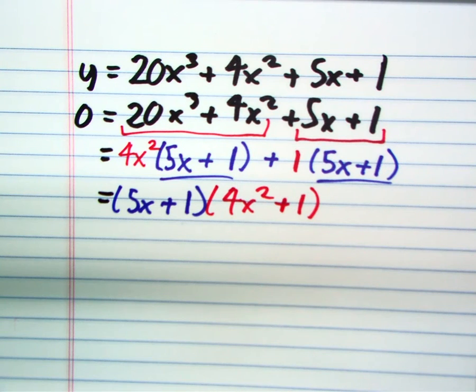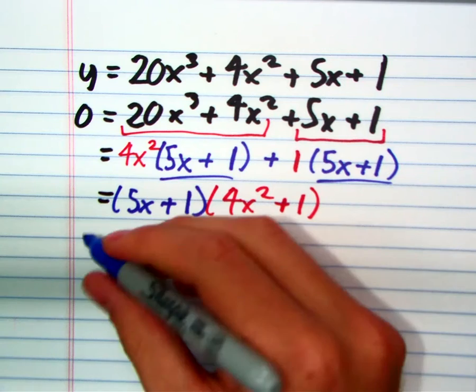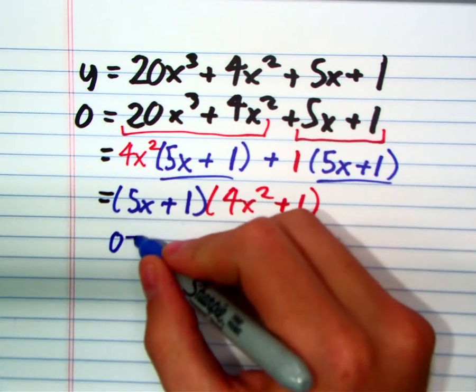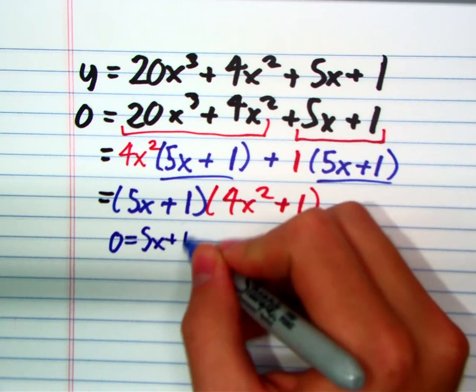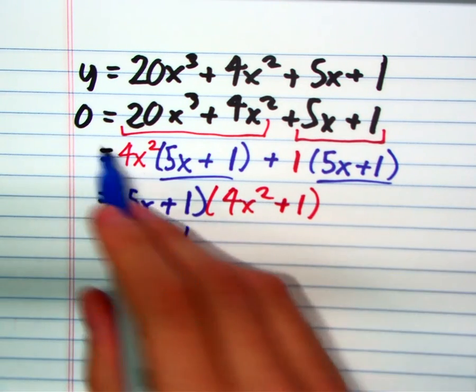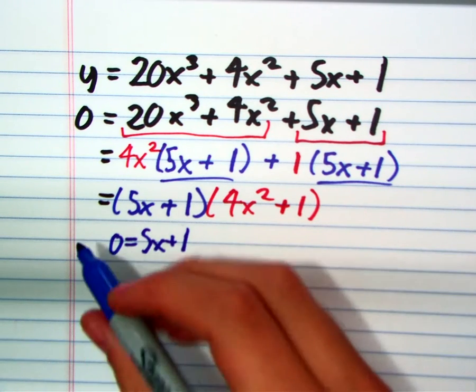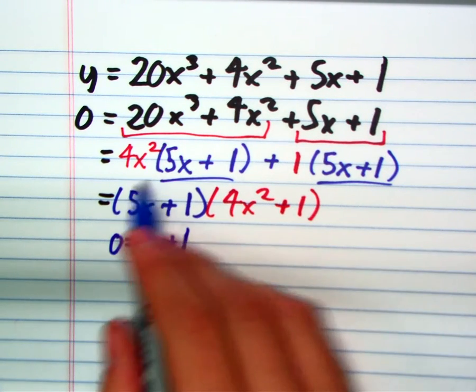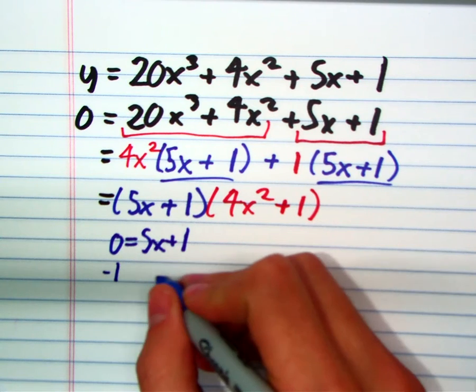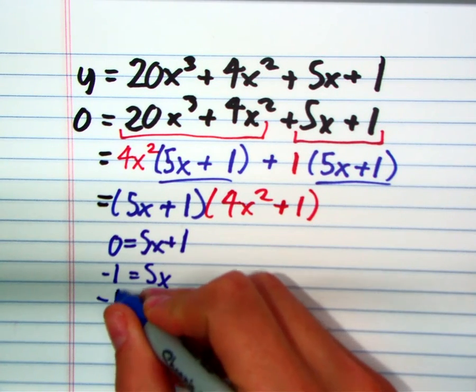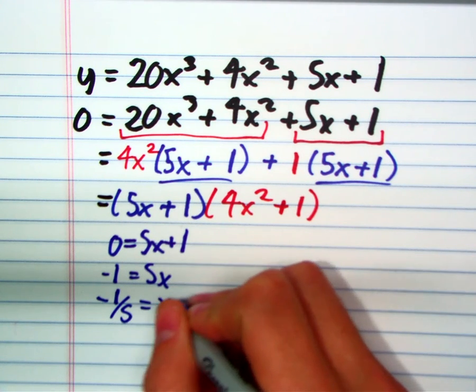I can't factor anymore. I have to stop here. So let's try to find the zeros now. If 5x plus 1 equaled 0, then y would equal 0 because I'd have 0 times something else. What x would give me that this factor equaled 0? Well, if I subtract 1 from each side, and I divide each side by 5, I've got negative 1 over 5 is equal to x.